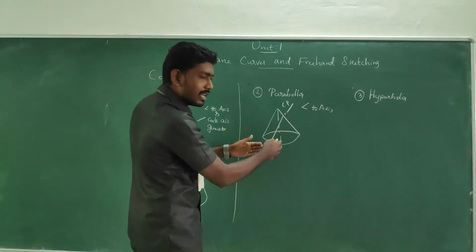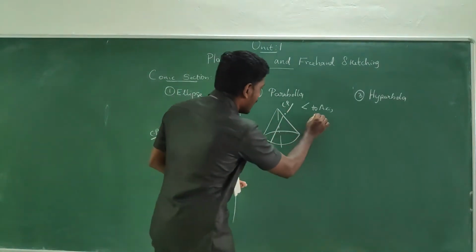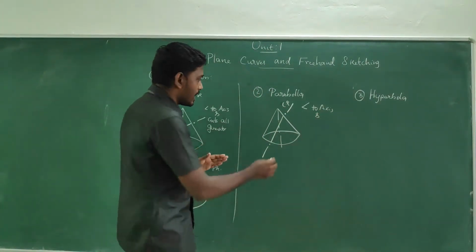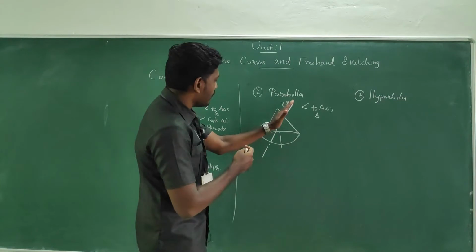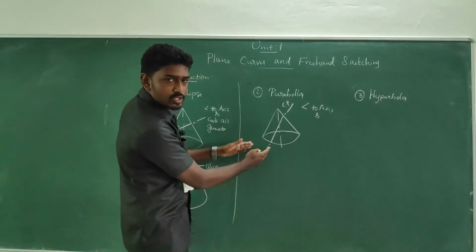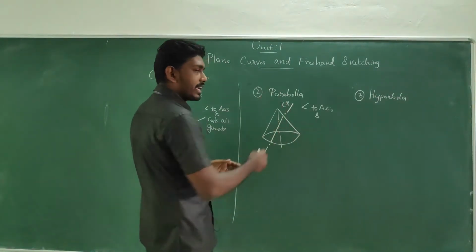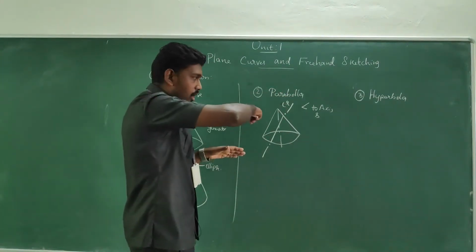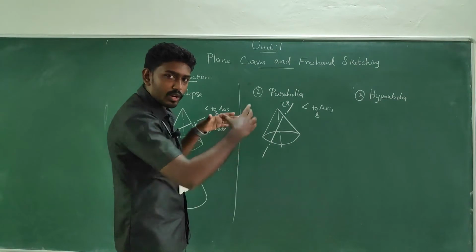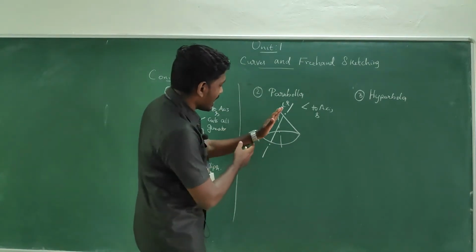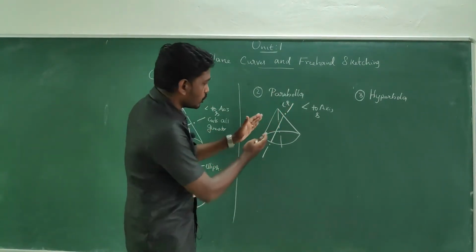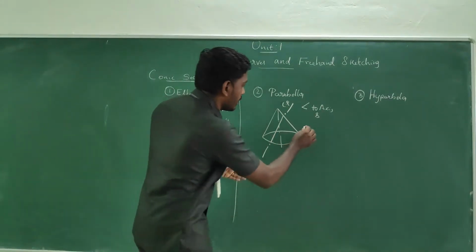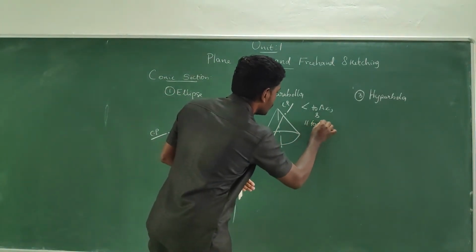It is not parallel, it is inclined, and it is parallel with generators. So these are the regions we call the generator. That means if it is a cone, the outside surface we call the generator. At least it should be parallel to one of the generators.